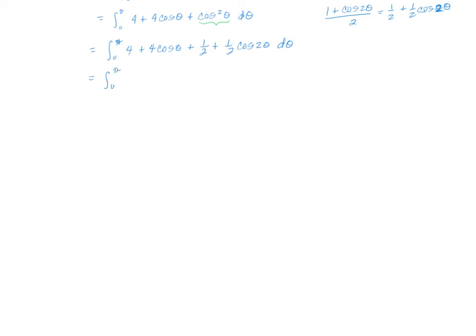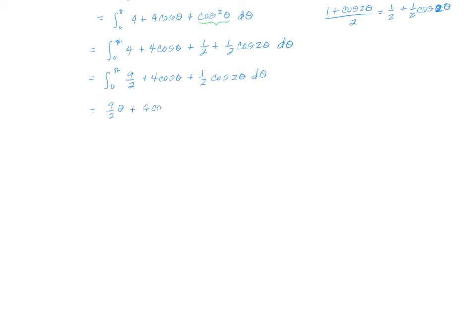So 4 plus 1/2 will give me 9/2, plus 4 cosine of theta plus 1/2 cosine of 2 theta. And now the antiderivative will be 9/2 times theta plus 4 cosine of theta.